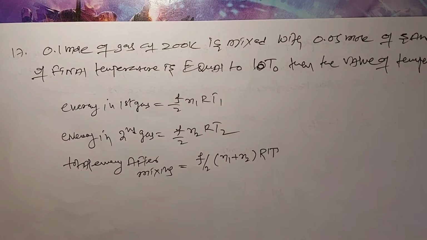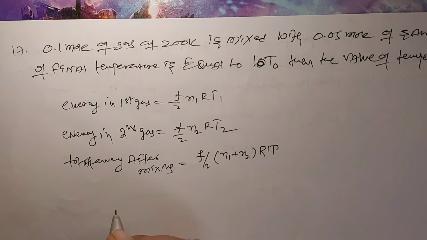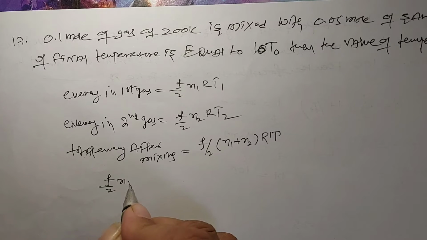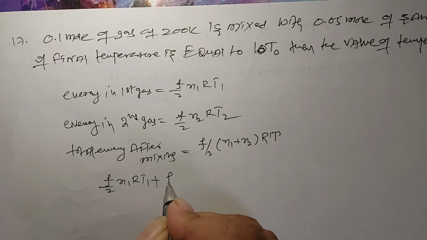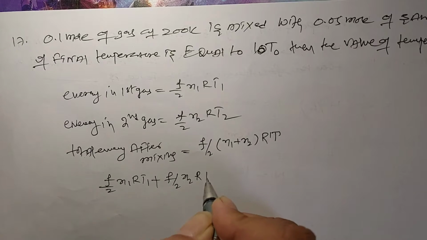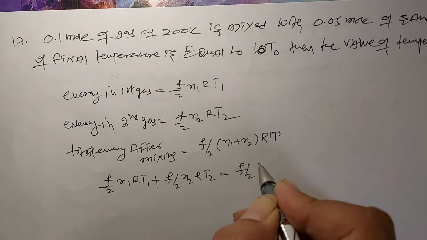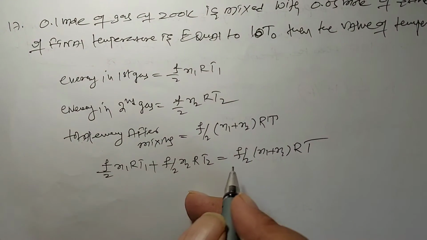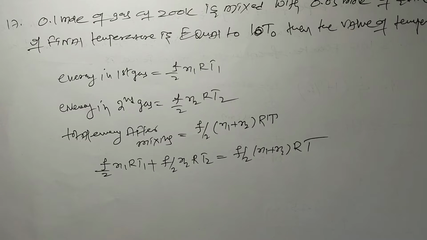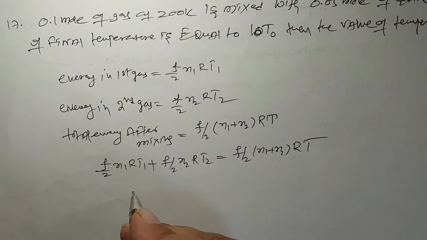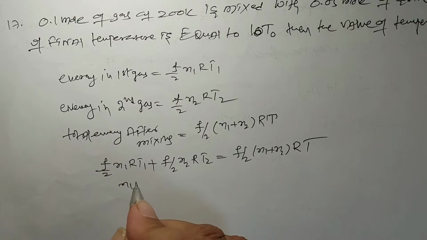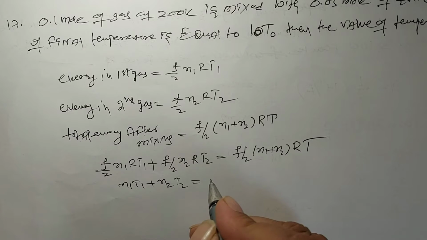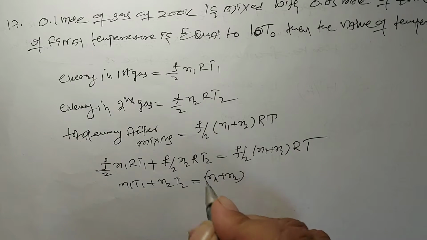Now under energy conservation, these two expressions are equal. f by 2 n1 R T1 plus f by 2 n2 R T2 is equal to f by 2 into (n1 plus n2) R T. f by 2 cancels, R cancels. n1 T1 plus n2 T2 is equal to (n1 plus n2) into T.